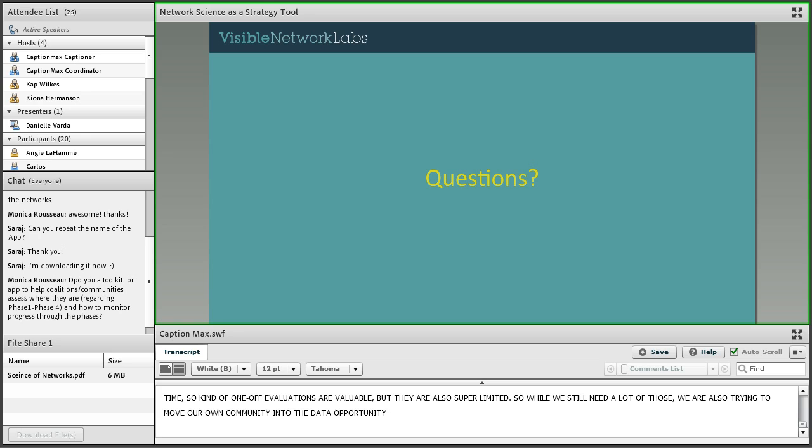But where we're going, because what we've realized is more people want to track their networks as they grow and evolve over time. So one-off evaluations are valuable, but they're also super limited.